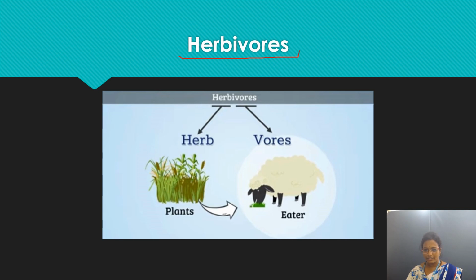The word herbivores is split into herb, which means plants, and vorous means eater, those who eat. So here we are talking about animals which eat only plants and plant products, and they are called herbivores.